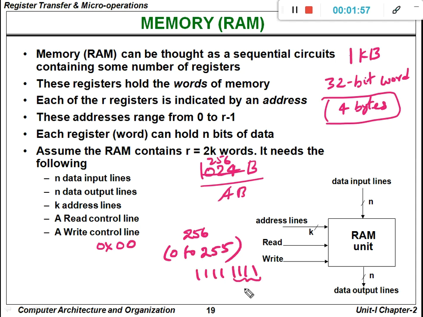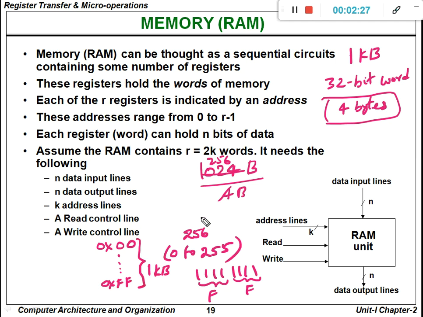These 4 ones are represented by F. So from 0x00 to 0xFF, this will be the address range for 1 KB memory. Like this, we are going to address the main memory.